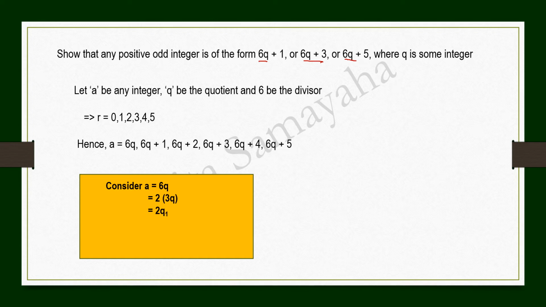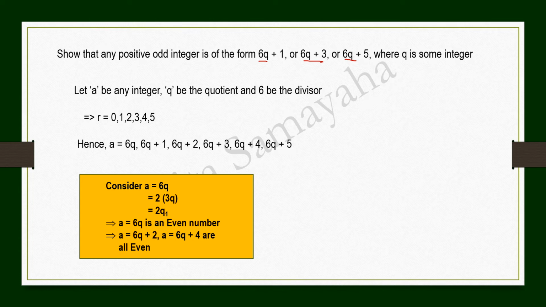So A equal to 6q has been expressed as A equal to 2q1, and any number, if you are able to express it in the form of 2 into something, must always be an even number. So A equal to 6q is an even number. When A equal to 6q is an even number, the alternate ones, A equal to 6q plus 2 and A equal to 6q plus 4, are all even.